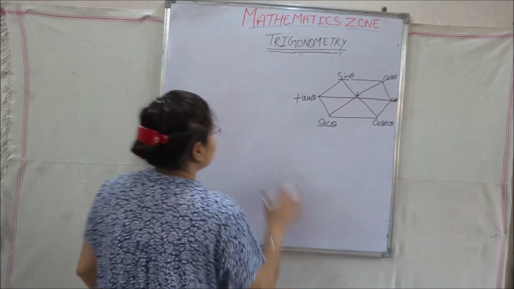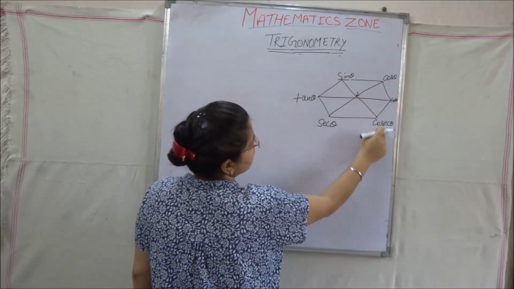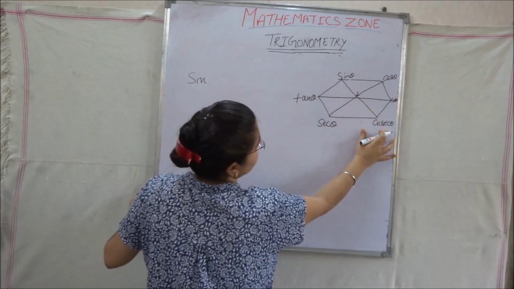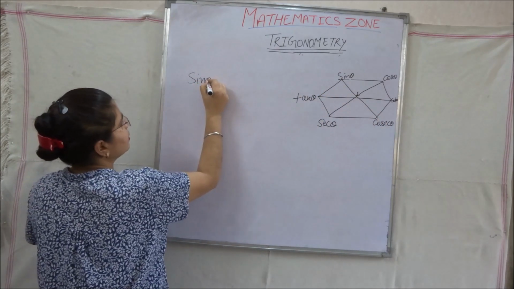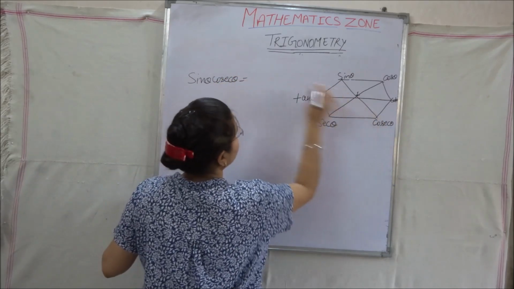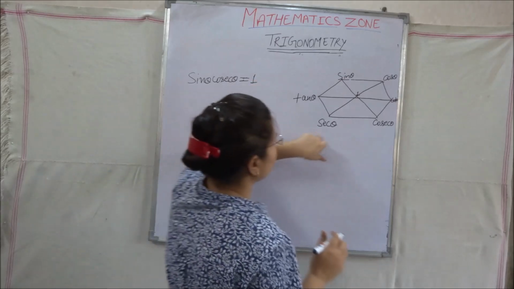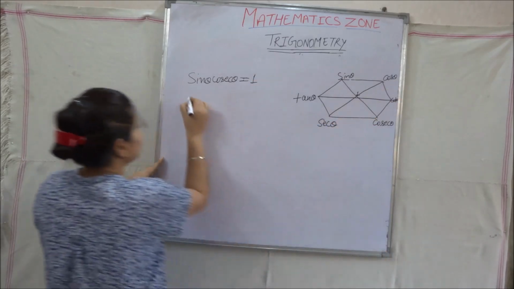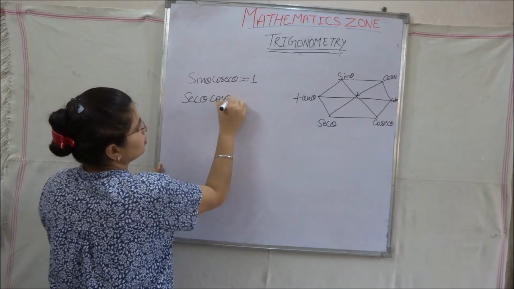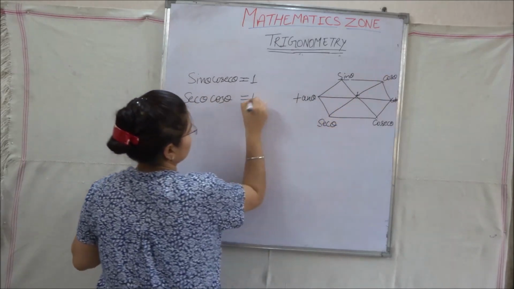Now if we multiply the opposite terms, then we will get another formula, that is sin theta multiplied by cosec theta. This will be equal to 1. In a similar manner, secant theta into cos theta will also be equal to 1.